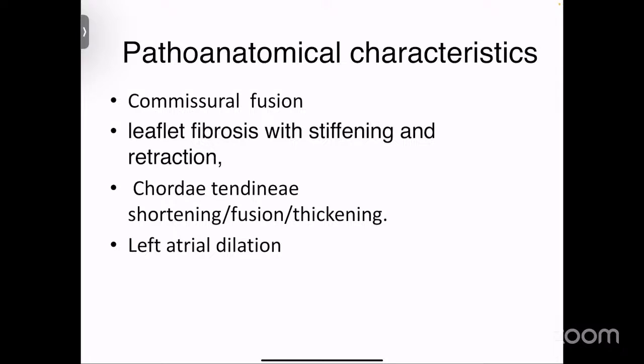The commissural fusion, the fusion of the edges of the mitral leaflet in a commissural area, is a rather complex process involving the coapting edges of the commissural, the mural, and the anterior leaflets.